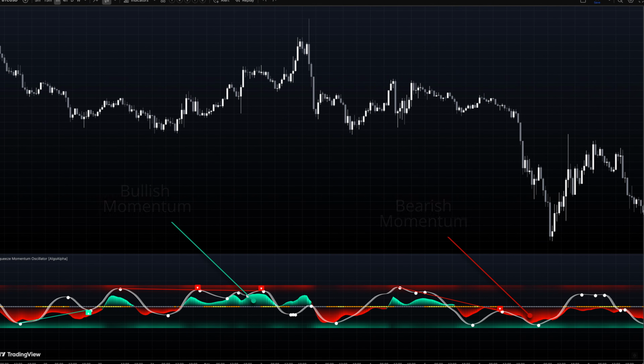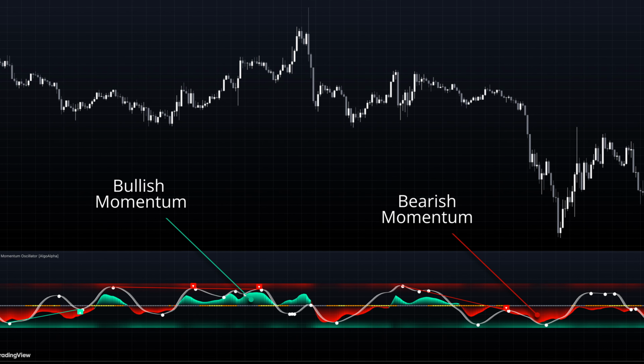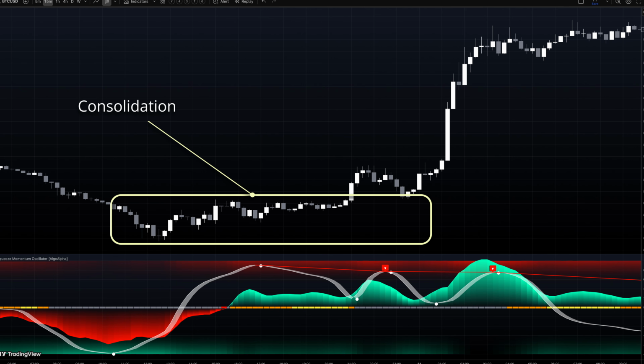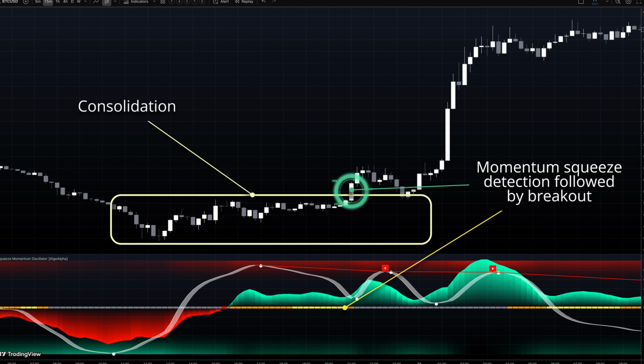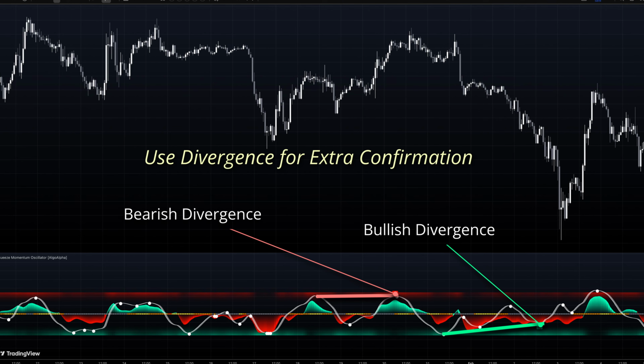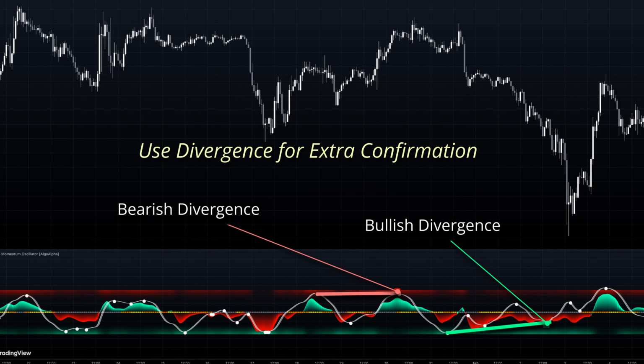The momentum component uses green and red coloring to show bullish and bearish momentum, with intensity varying based on strength. Traders might employ this tool to anticipate breakout opportunities after periods of consolidation, particularly focusing on directional bias from the momentum components. The divergence detection feature adds another analytical layer, highlighting potential reversals when price action and momentum disagree.